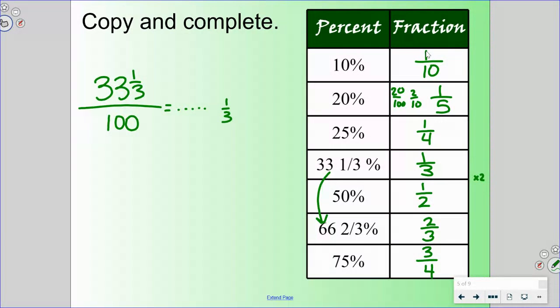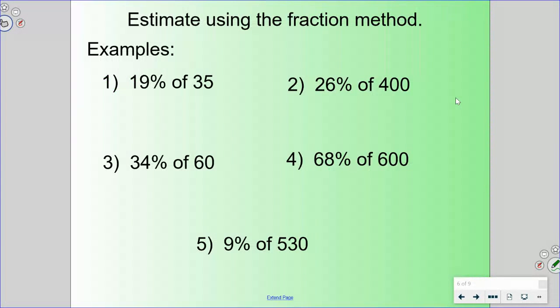Now, the reason that we're writing those down is we will use all those equivalencies to make estimates. So let's get a couple examples. 19%, really close to 20%. So remember, if all they're asking us to do is estimate, we do not need an exact. We're simply going to take 1/5 of 35, which is 7.